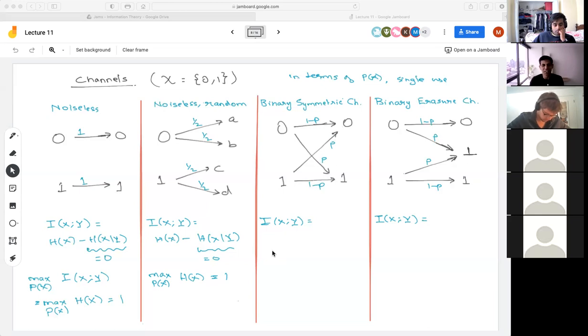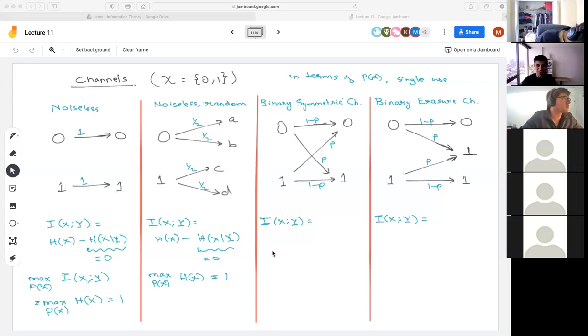Okay, now let's look at what is called the binary symmetric channel. So the communication is noiseless with probability 1 minus p, and with probability p, you flip what you were trying to send. So 0 becomes a 1 or 1 becomes a 0. So it's symmetric in terms of what happens to 0 or 1, but there is some amount of noise.